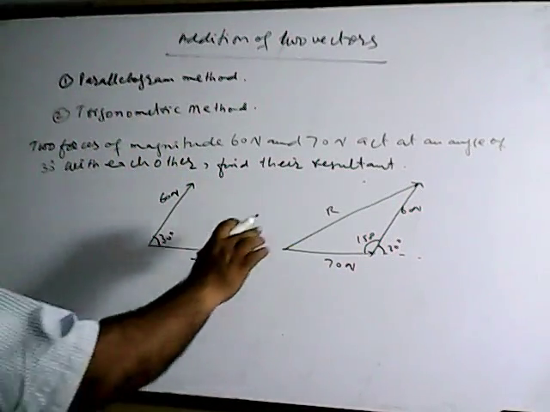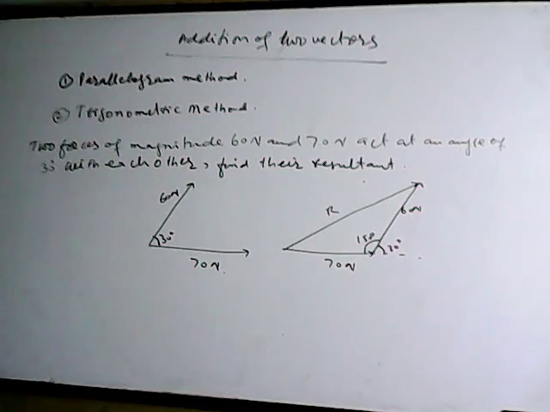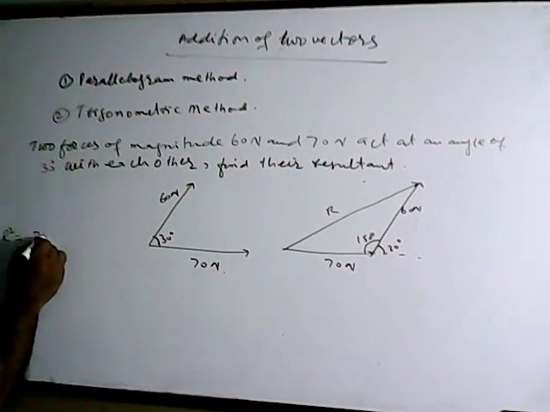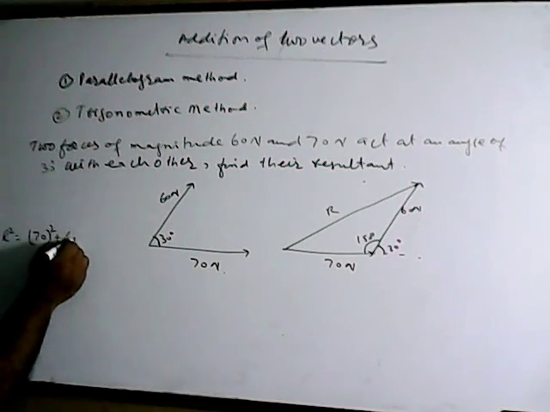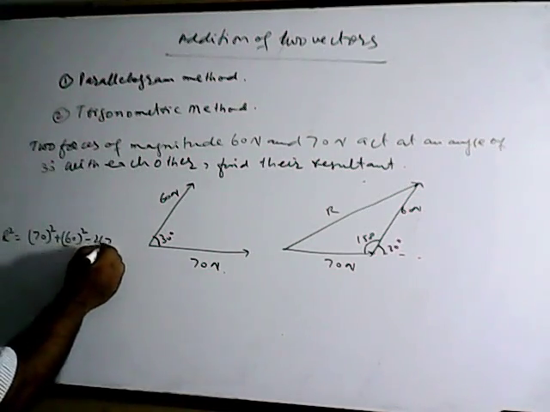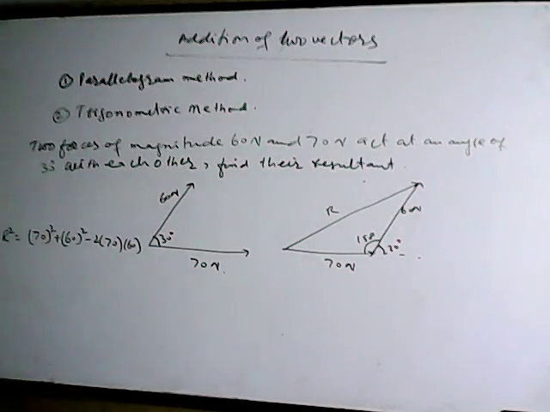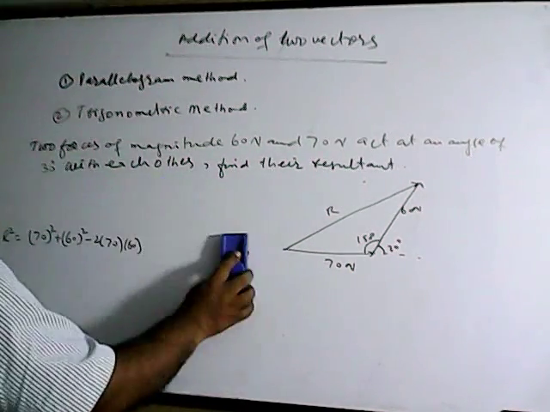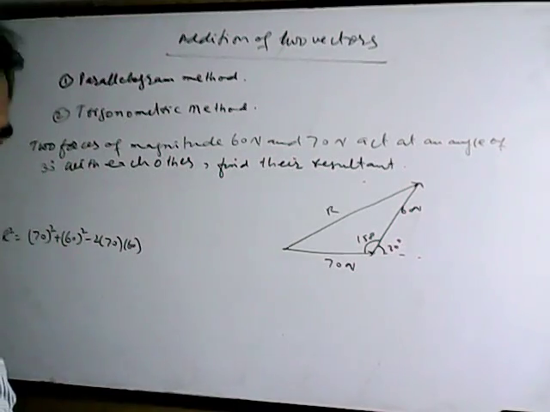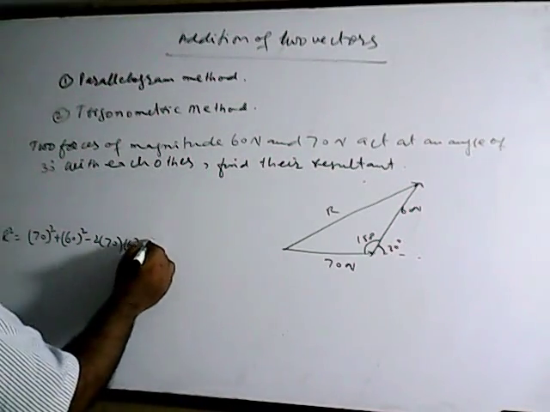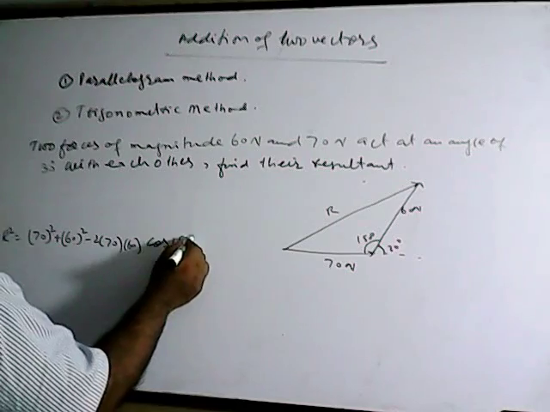Now I can find it by using the cosine rule. R square will be equal to what? You can have 70 square plus 60 square minus 2 into 70 into 60 into cos of 150 degree.